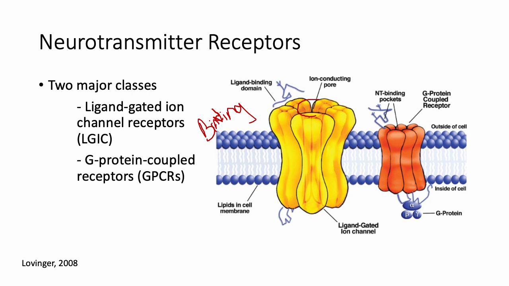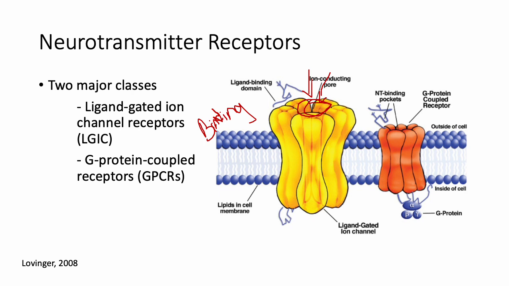And here we have the pore, which ions go through. Keep in mind that this whole opening and binding mechanism occurs in the matter of milliseconds or nanoseconds. It's a very short time.